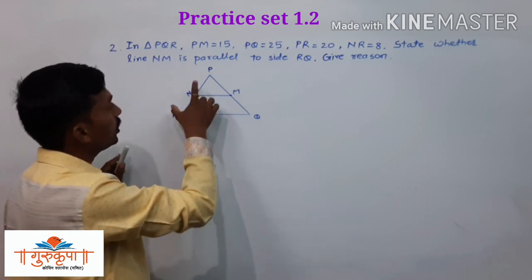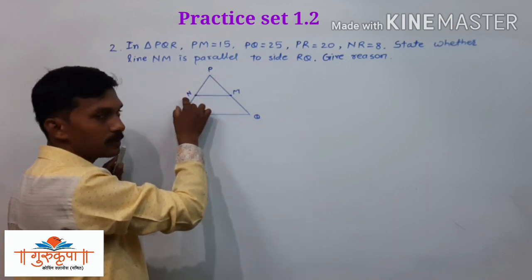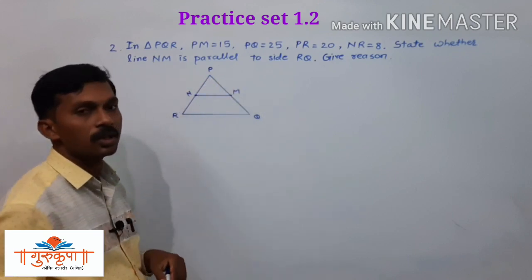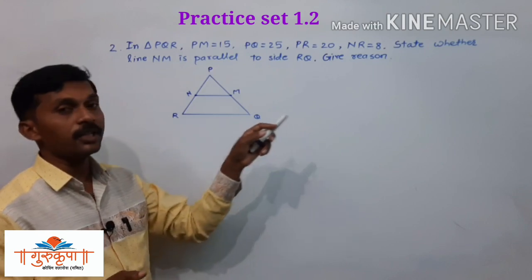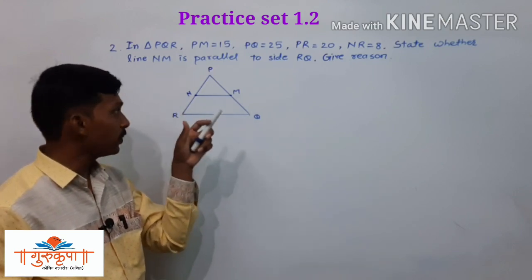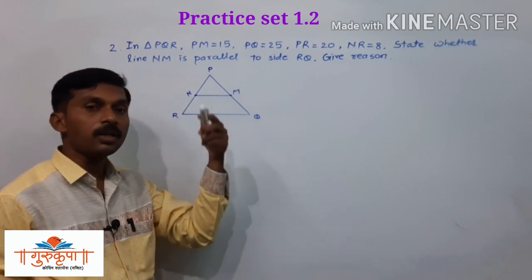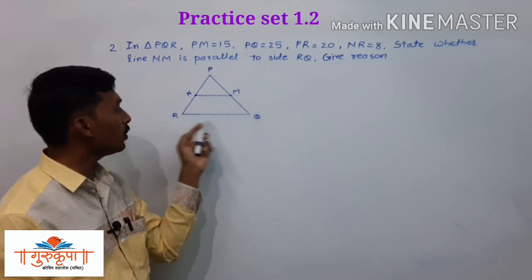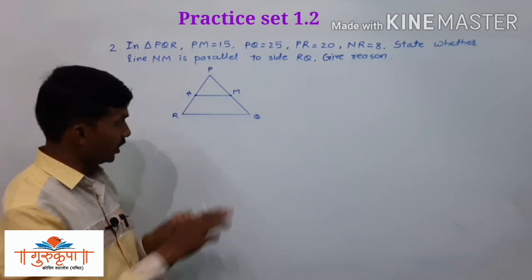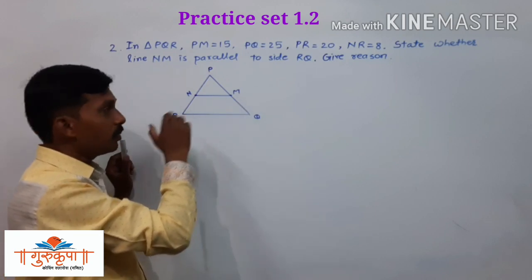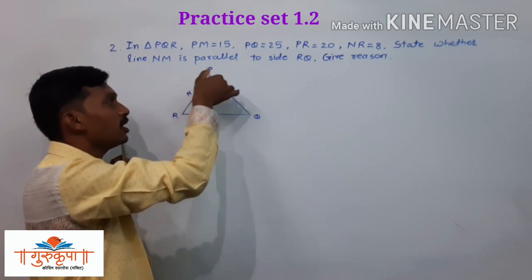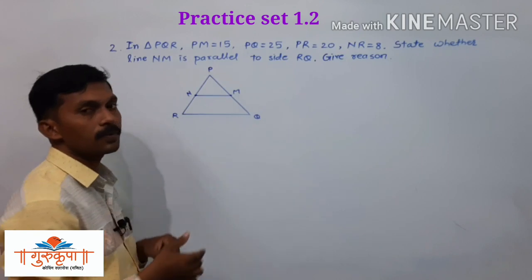So we have to find the ratio Pn upon Nr, and then we have to find the ratio Pm upon Mq. If those two ratios are equal, then NM is parallel to RQ. And if suppose those two ratios are not equal, then NM is not parallel to RQ. It is very simple. If this line NM proportionally divides PR and PQ, that is Pn upon Nr is equal to Pm upon Mq.